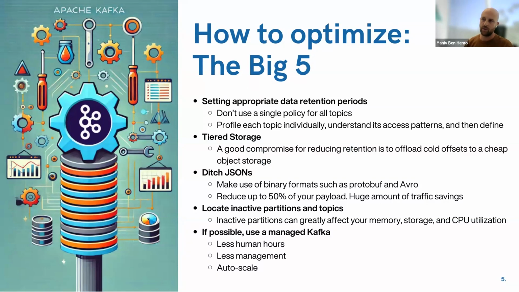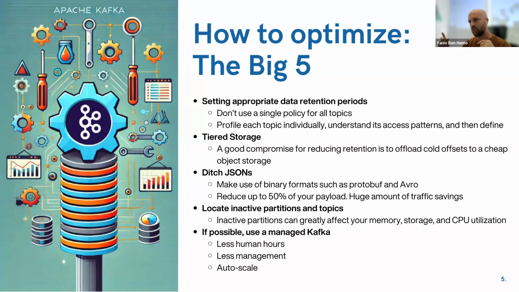Ditch JSONs. Let's talk about it for a second. Usually when we think about schema registry, protobuf, and Avro, we think about the governance part of things, the data quality part of things, the advantages that you get to increase data quality by converting or serializing your events into protobuf and Avro. I encourage you to think about it from a cost perspective, from the cost angle.